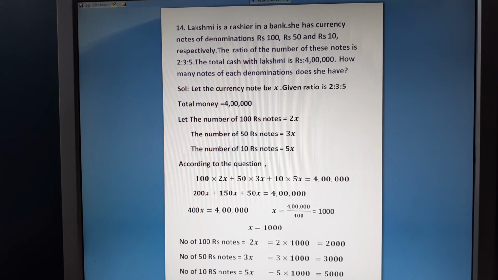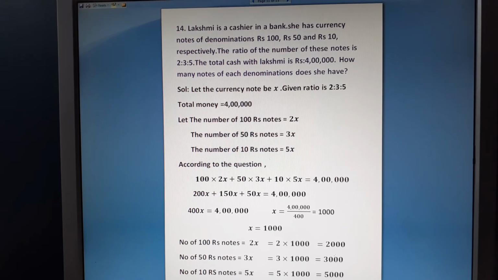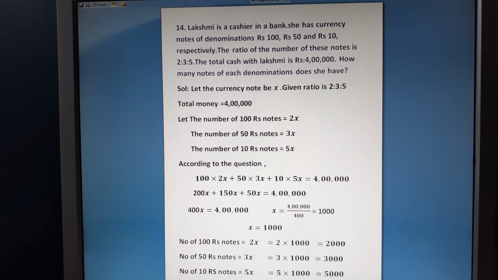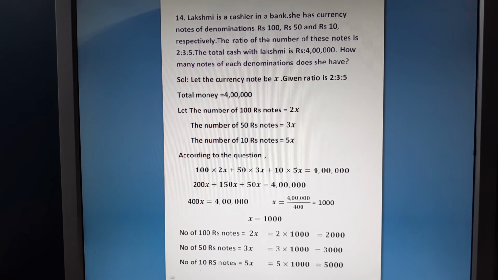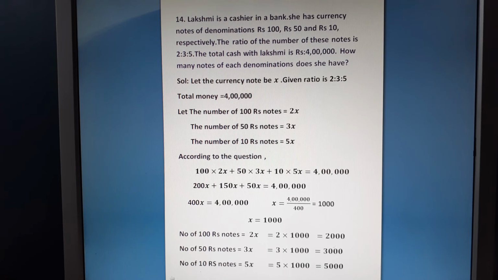How many notes of each denomination does she have? Solution. Let the currency note be x. Given ratio is 2:3:5 and given total money is equal to 4 lakhs.